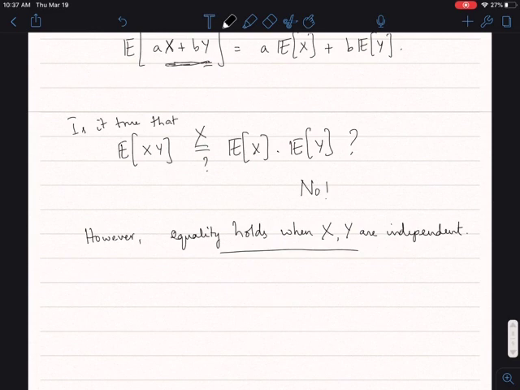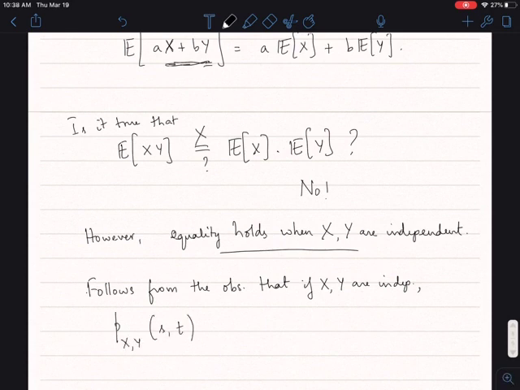It follows from the observation that if x and y are independent, then the joint density function p_xy of s, t is simply the product of the marginal density functions, p_x of s times p_y of t.